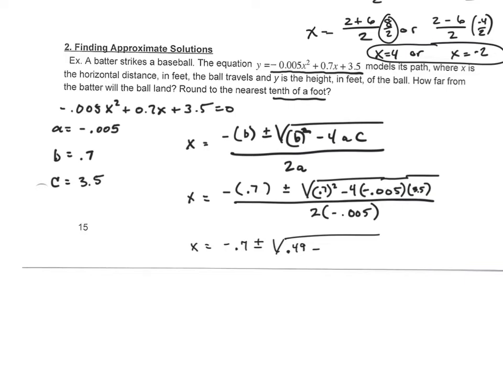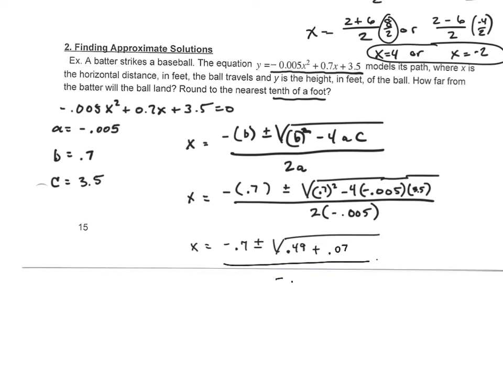Okay, so it's not going to be minus here, it's going to be plus, because I do have a negative times a negative, so that should be plus 0.07. And all of that is going to be over 2 times negative 0.005, which is going to be negative 0.01.